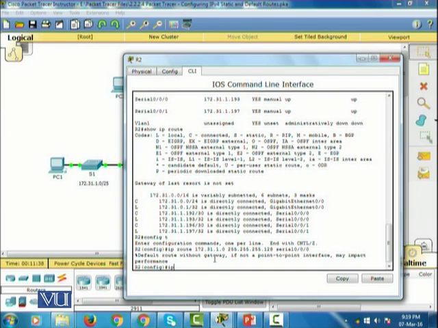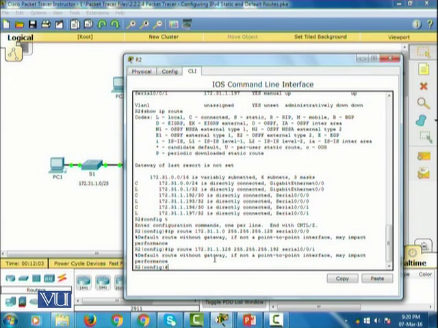So I'm gonna make the second entry, IP route 172.31.1.128. All right, the subnet mask is 255.255.255.192, and it's going to be serial 0/0/1, via the other interface. All right, so I have successfully configured both the interfaces.